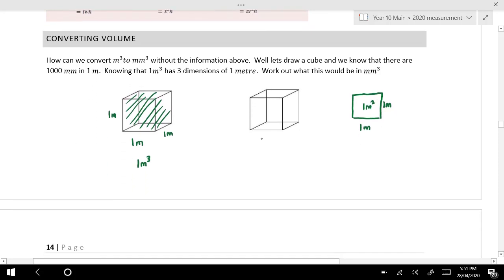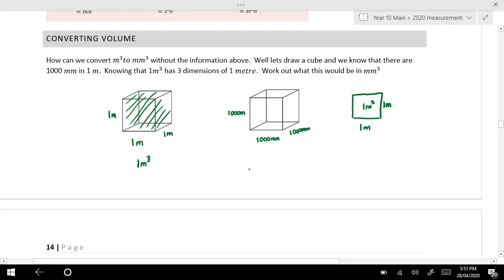I'm going to draw exactly the same cube, but this time in millimeters. And of course, 1,000 millimeters is a meter. So we've got 1,000 millimeters there, 1,000 millimeters there, and 1,000 millimeters there.